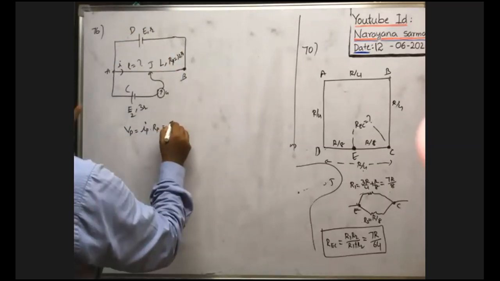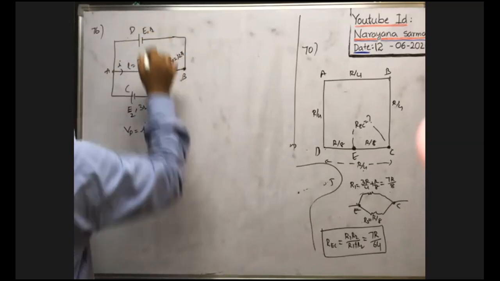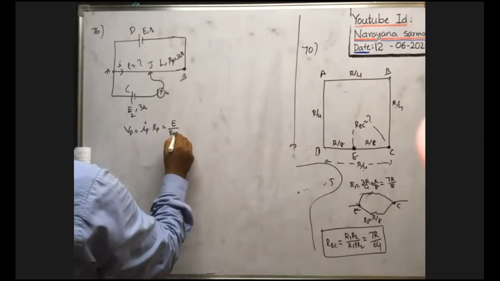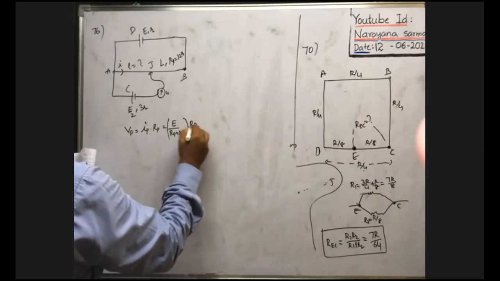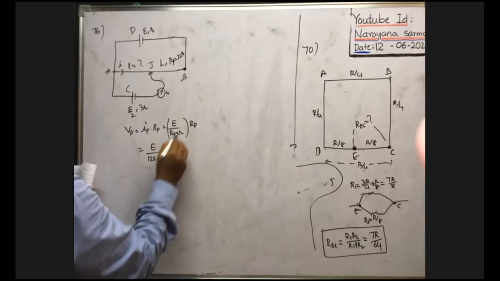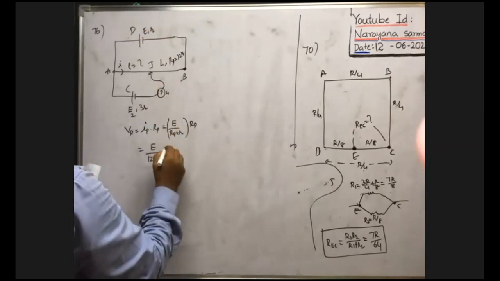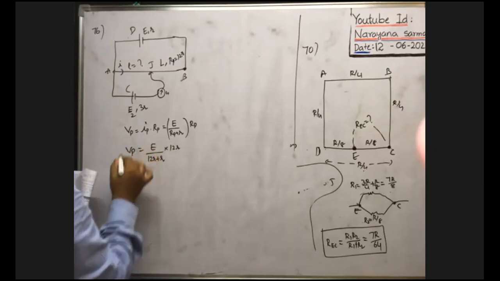That is equal to the total EMF in the circuit E divided by the total resistance Rp plus small r, into the resistance of the potentiometer wire Rp. So E by 12R plus r, which is 13R, into Rp, which is 12R. This is the potential drop across the potentiometer wire.